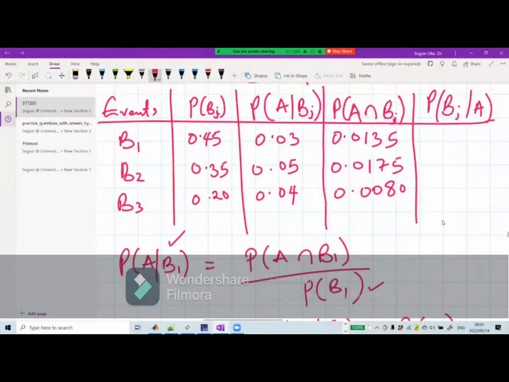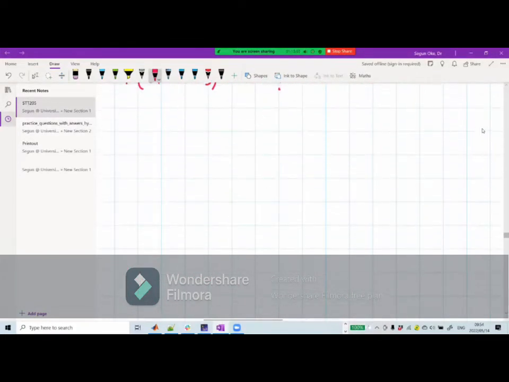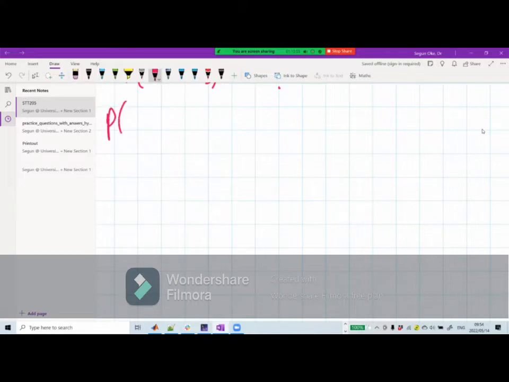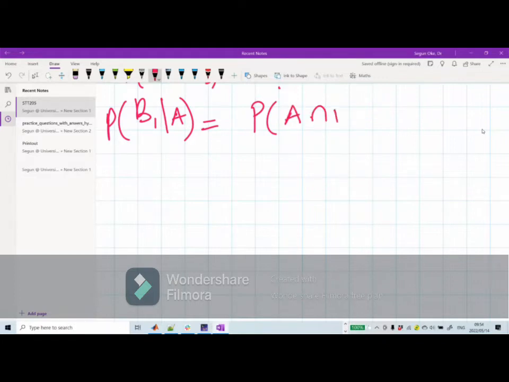So let's solve them. I will just solve only one, then you complete the rest. The probability of B1 given A is equal to the probability of A intersection B1 divided by the probability of A given B1 plus the probability of A given B2 plus the probability of A given B3.